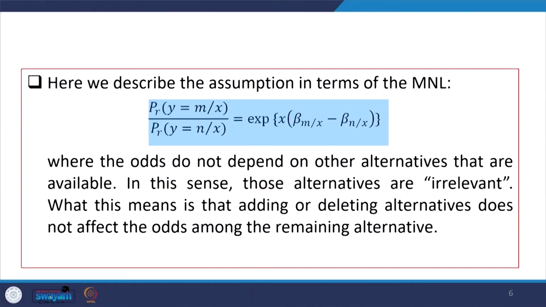We discuss and describe the assumption in terms of the multinomial logistic regression with the help of this equation: the probability of y, conditioning upon the variables, y having m alternative categories or options with respect to its ratio with respect to other alternatives, that is n, given its covariates x or the control variables, is basically an exponential function, which we generally know that multinomial logistic functions are expressed in exponential form: exp of x within bracket beta m given x minus beta n given x, where the odds do not depend on other alternatives that are available.